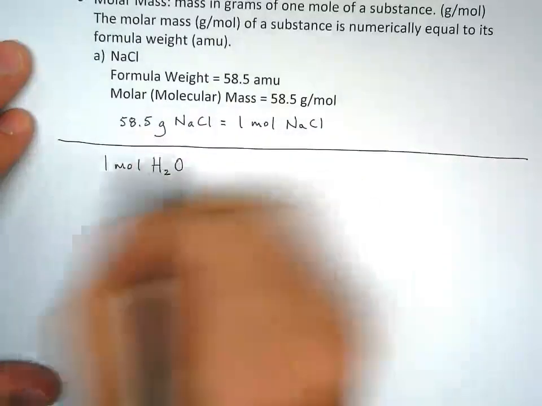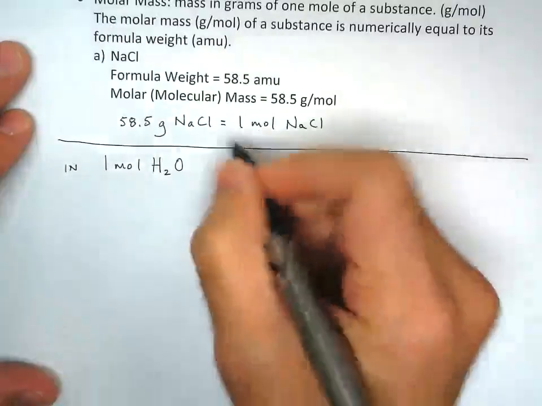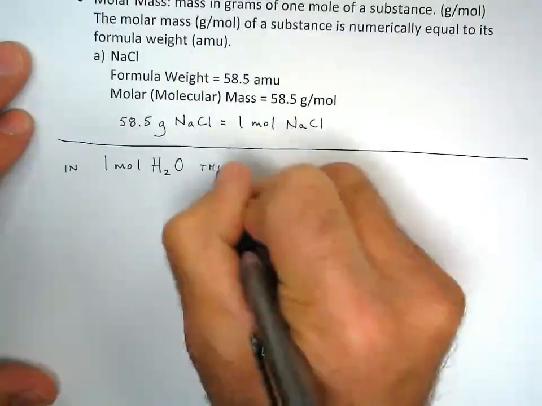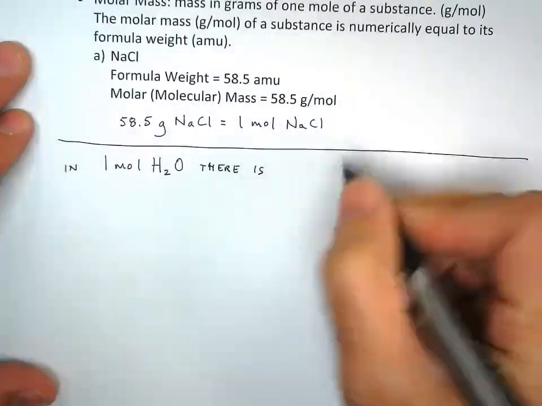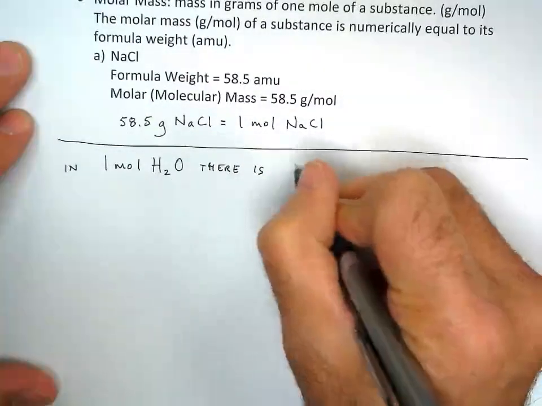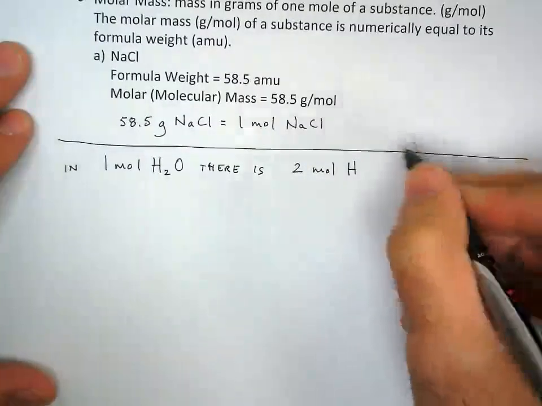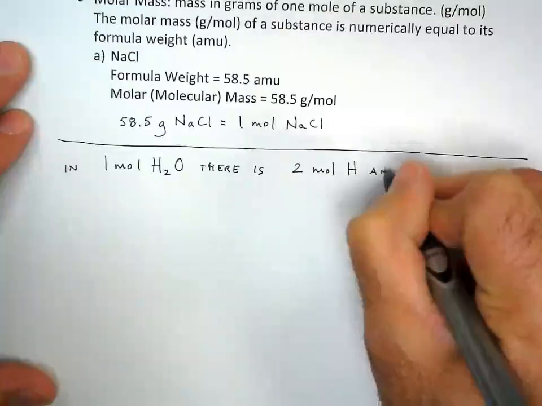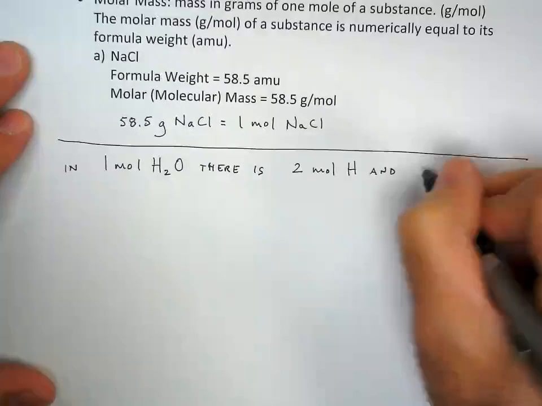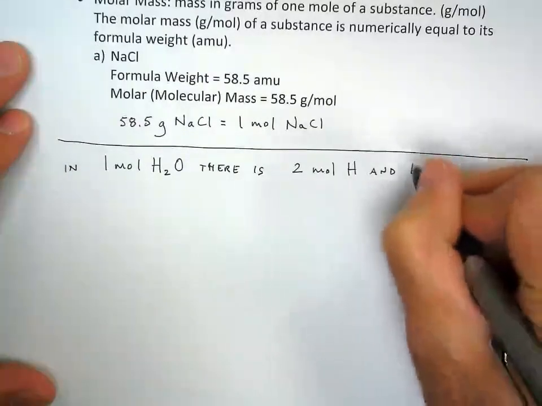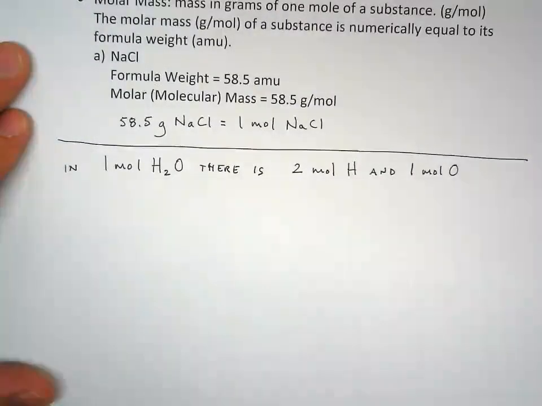In 1 mole of water, there is 2 moles of hydrogen and 1 mole of oxygen. Okay.